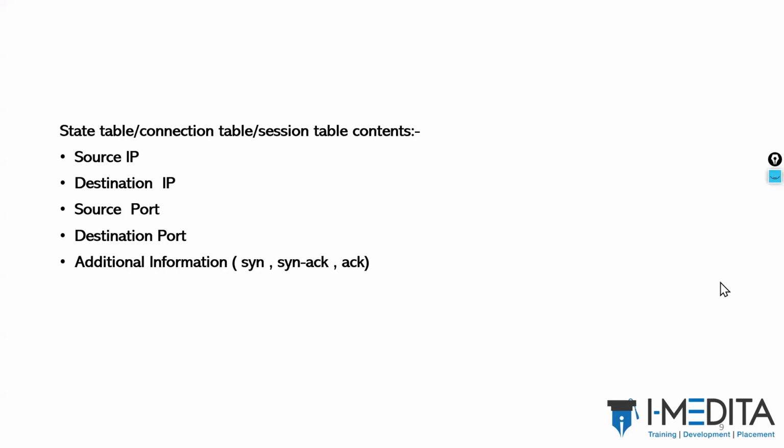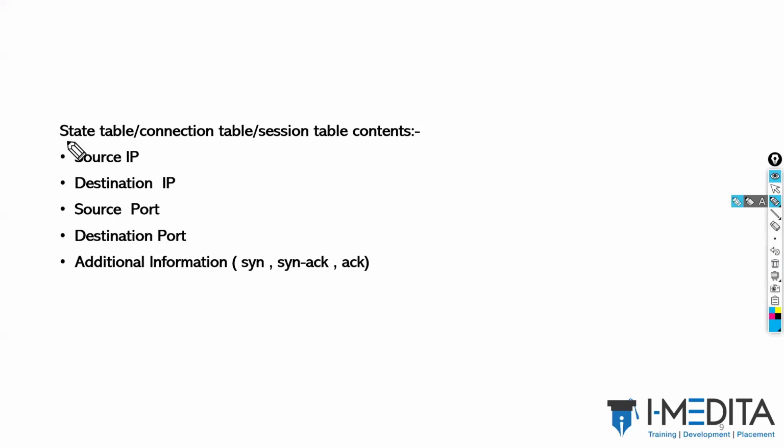So next, what is a stateful firewall? We have understood it with the help of a diagram as well as theory. As I told you, we will create a state table. Some vendors call it a state table, some call it a connection table, some call it a session table.